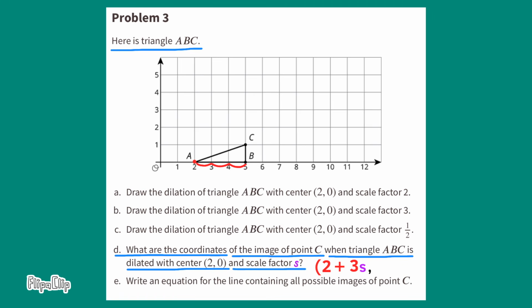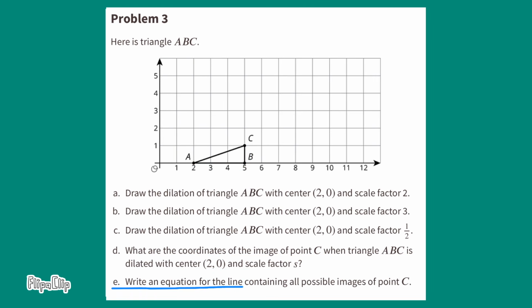Making a dilation of triangle ABC with the scale factor s means that we need to multiply that one unit by s, so that the new point will be located either s times shorter or s times longer than its current location. The coordinates that represent point C of triangle ABC with a scale factor of s are 2 plus 3 times s for the x value and 1 times s for the y value.